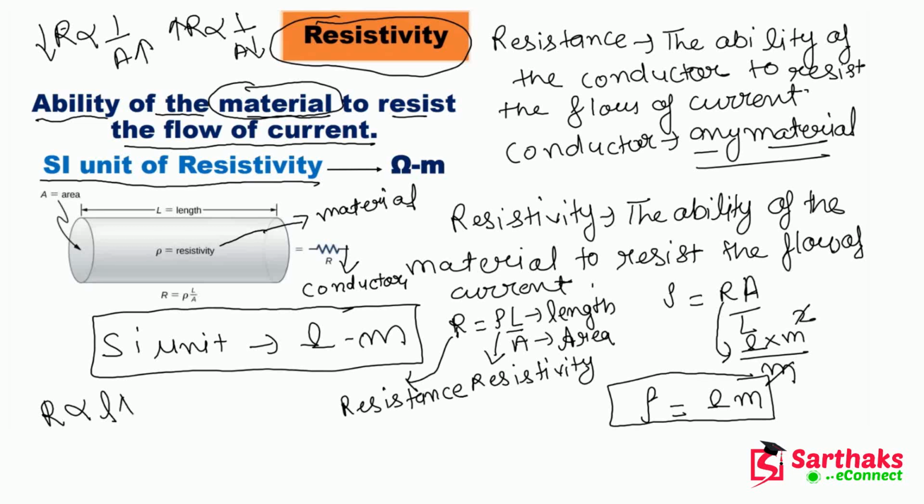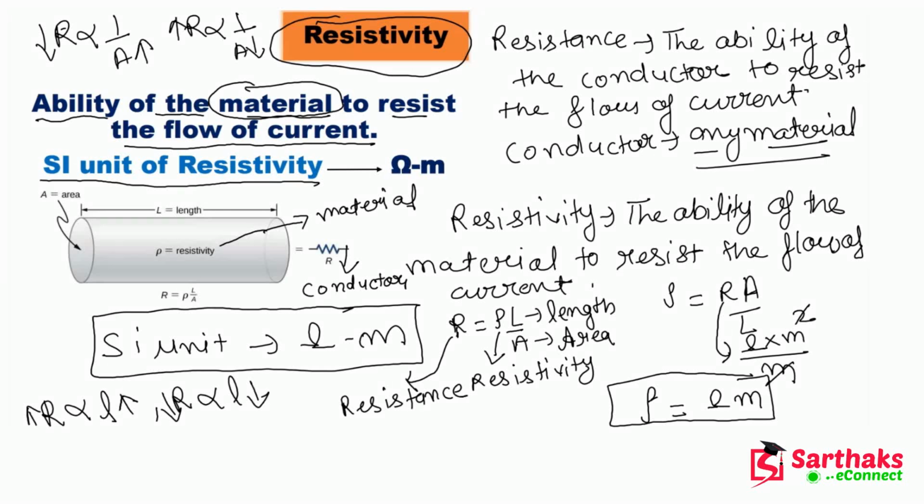If the length is higher, the resistance will also be higher. If the length is lower, then the resistance will also be lower. But in this case, the resistivity only depends on the material by which the conductor is made. It doesn't have anything to do with length and area.